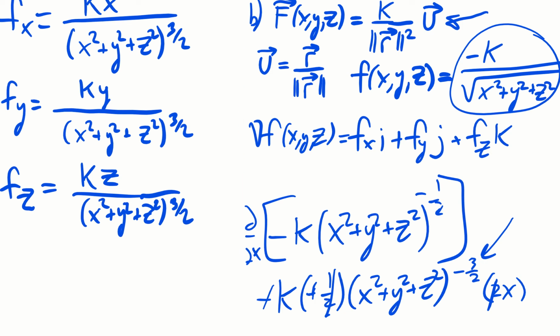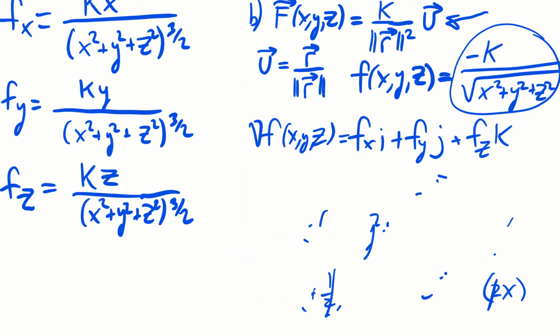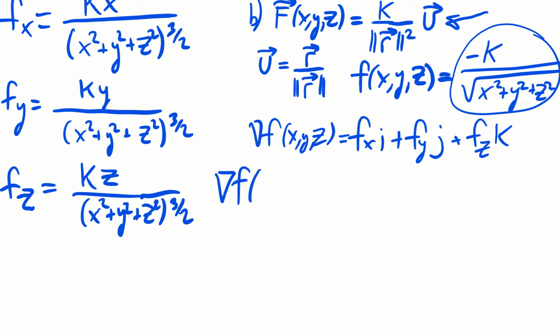So when we put this all together, this is what we have so far. The gradient of f of x, y, z is equal to, first of all, notice that all of these have a k, so I'm going to go ahead and factor the k out.